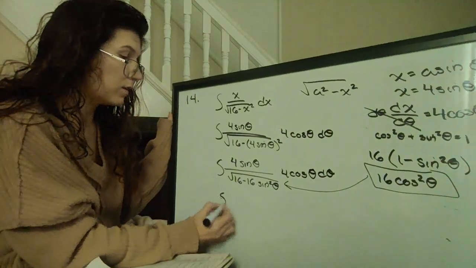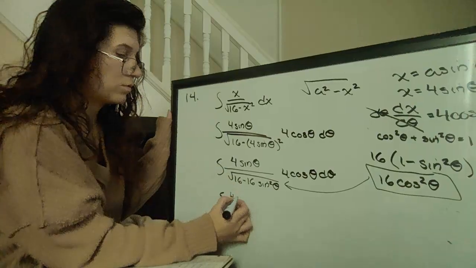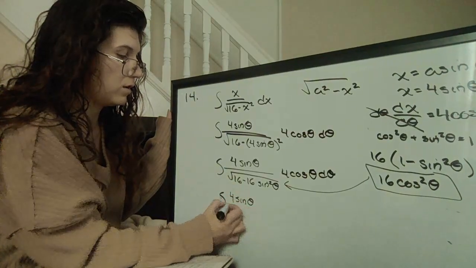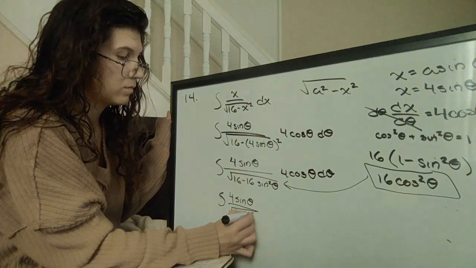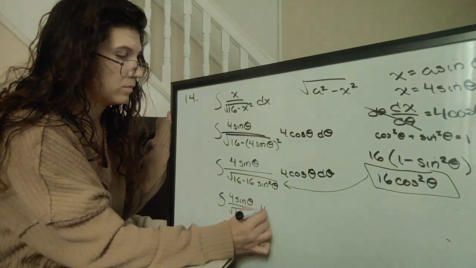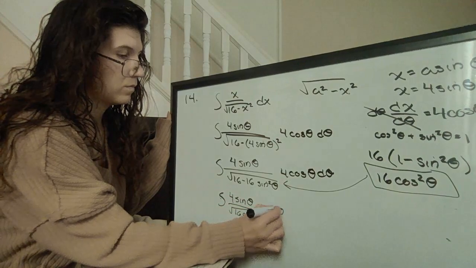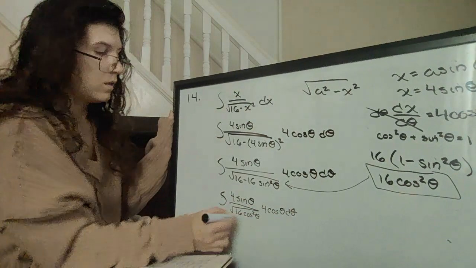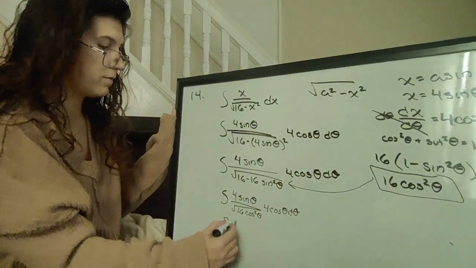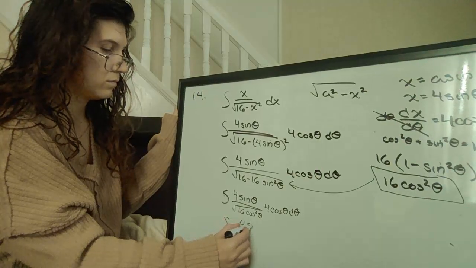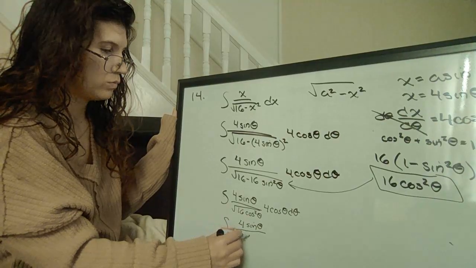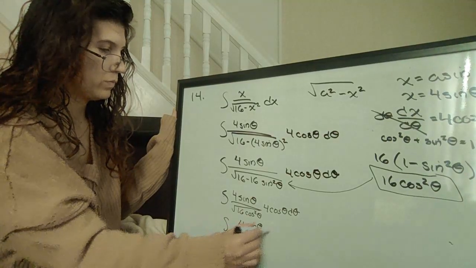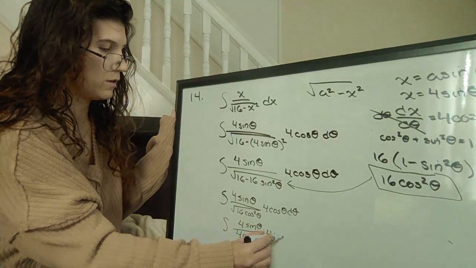I'll write that step out so everything's written. This would end up being 4 cosine theta, and this is 4 cosine theta.